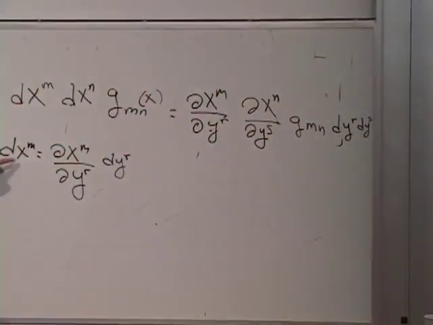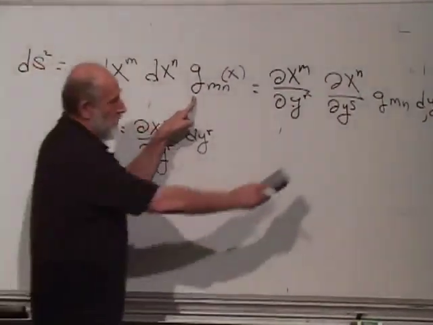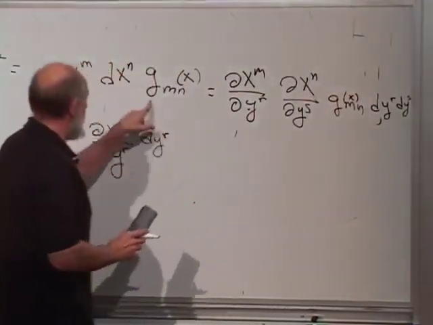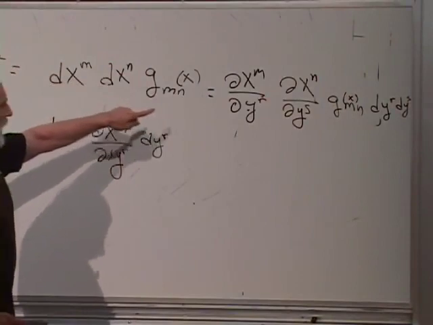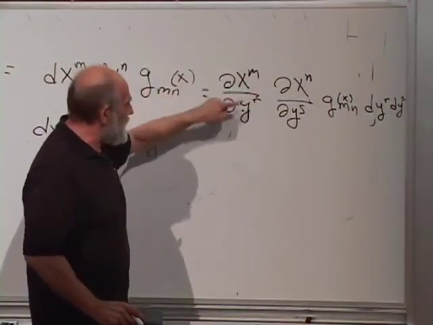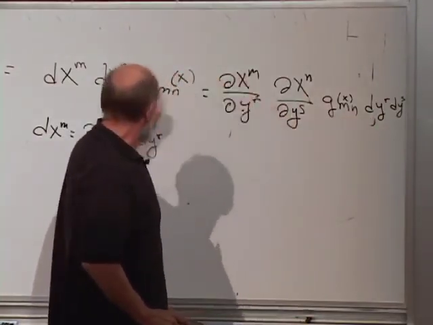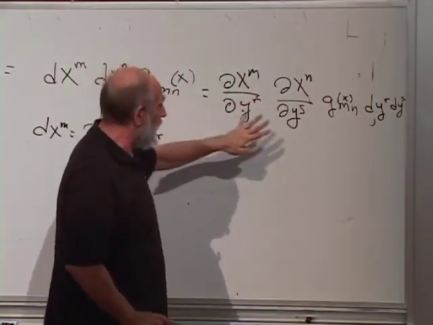Here g_mn of x is still there. The dx^m and dx^n I've each replaced by dx by dy times the corresponding dy.